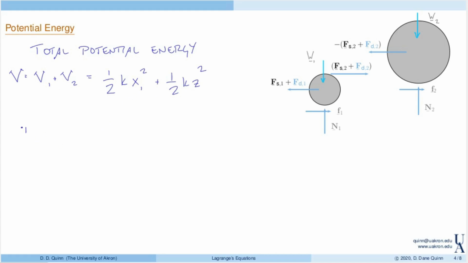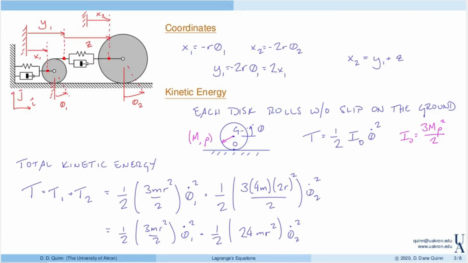So finally, the Lagrangian is simply T minus V. So the total kinetic minus the total potential. Right, so in terms of what we've written, the kinetic energy was given here.